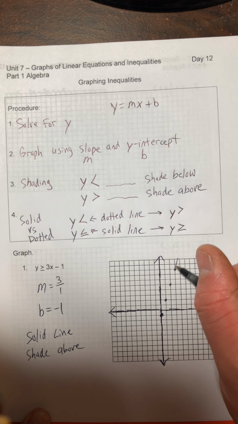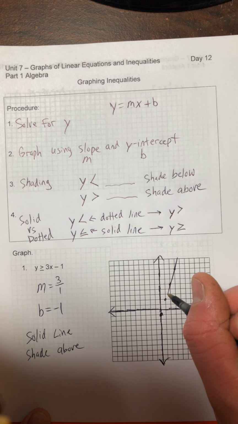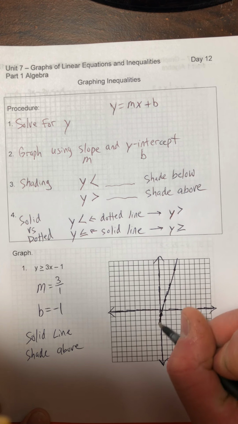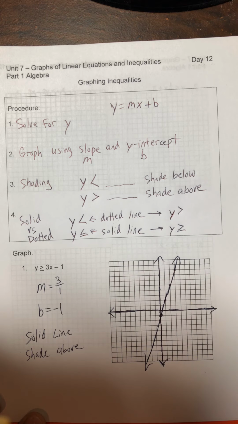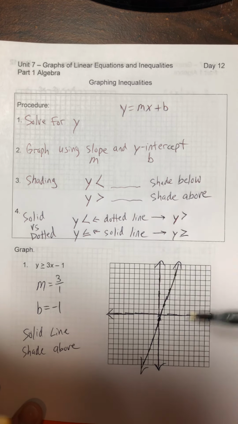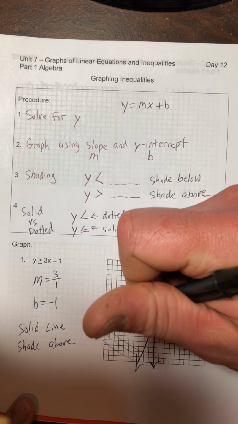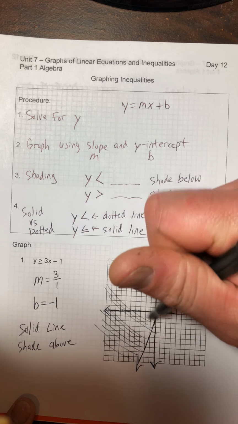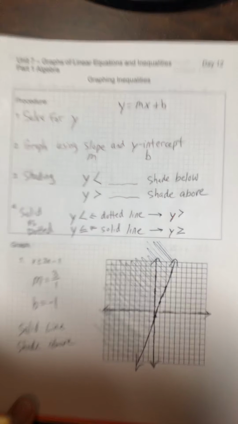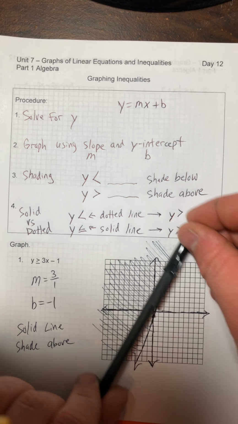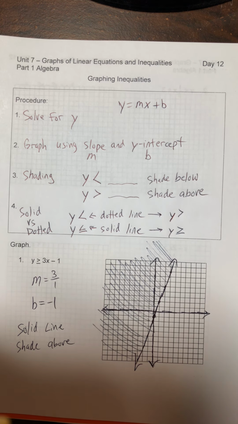So you can draw your line in, if you haven't already, solid line. We're going to shade above, so you don't have to color it all in, just make it look like it's been shaded above the line. Hopefully that makes sense. That would be above the line. This would be below the line.